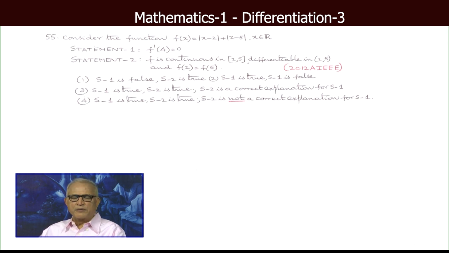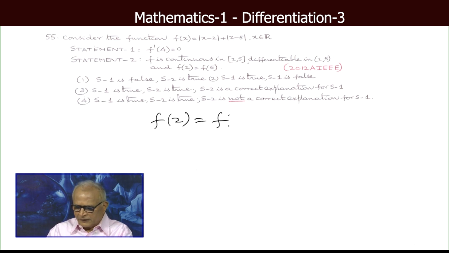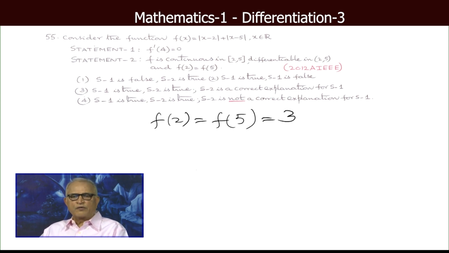For all other values between 2 and 5, clearly both mod x minus 2 and mod x minus 5 are differentiable. Therefore, that f is differentiable in the open interval (2, 5) is also correct. And f(2) equal to f(5), that is equal to 3. So, f clearly satisfies the conditions of Rolle's theorem on the closed interval [2, 5].